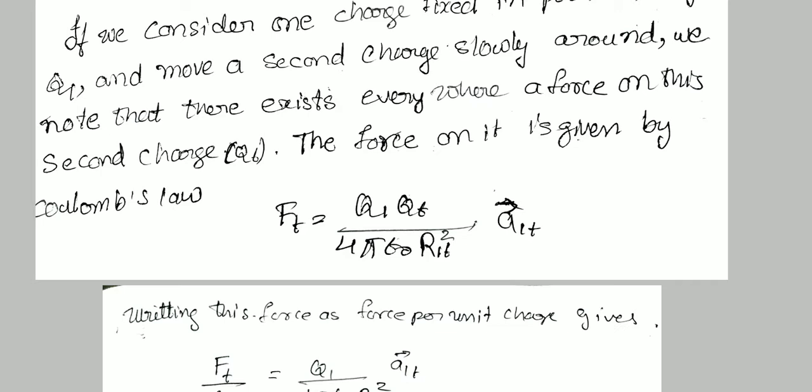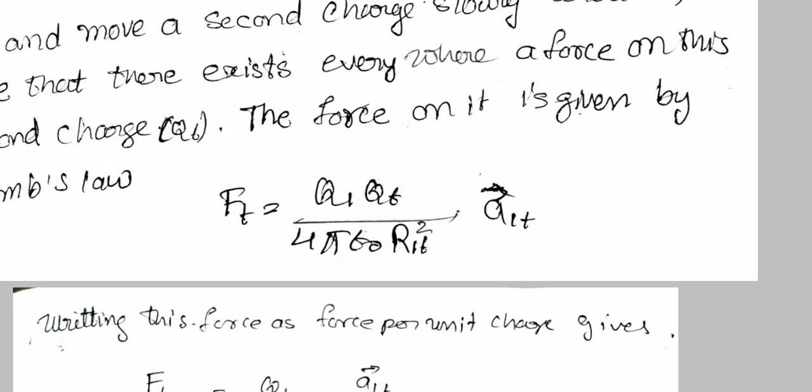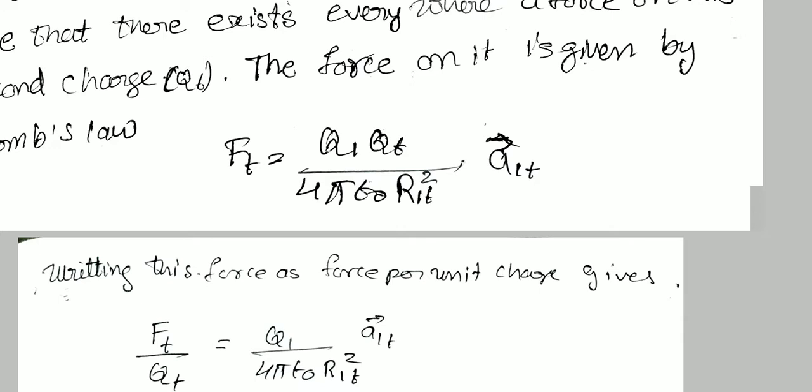Here 4 pi epsilon naught, you know, is a constant. Q1 indicates the charge whose intensity we have to measure, and Qt is the test charge, and R indicates the distance between the charge and the point where we are measuring the intensity. AR indicates the unit vector of this directional vector.